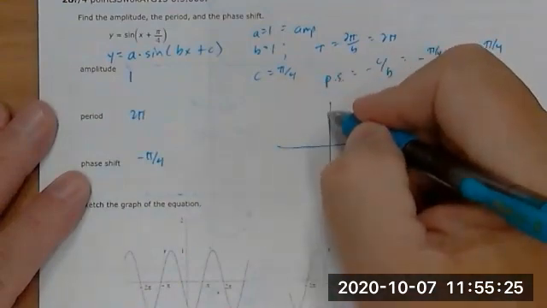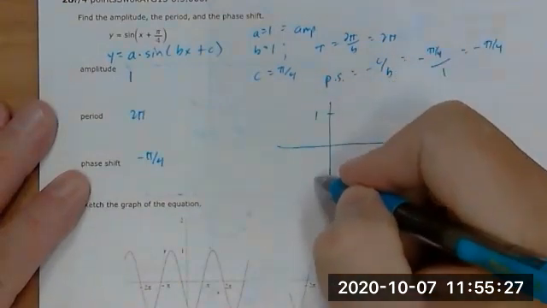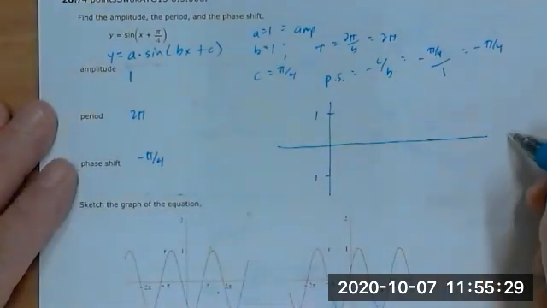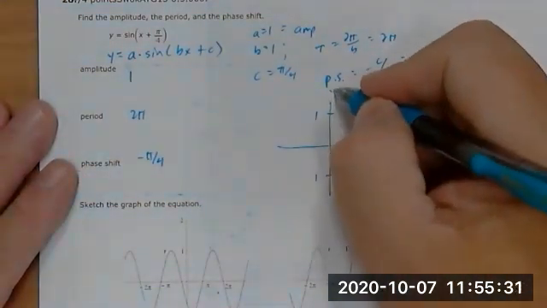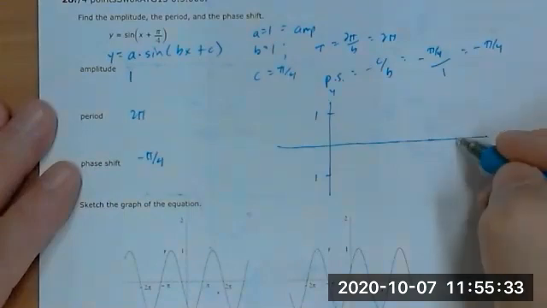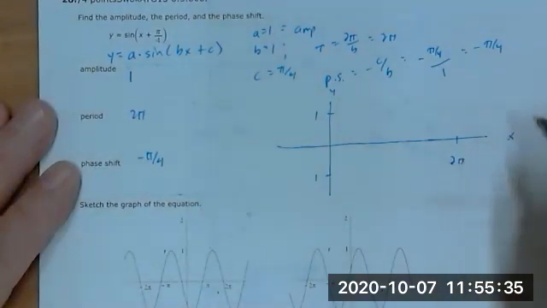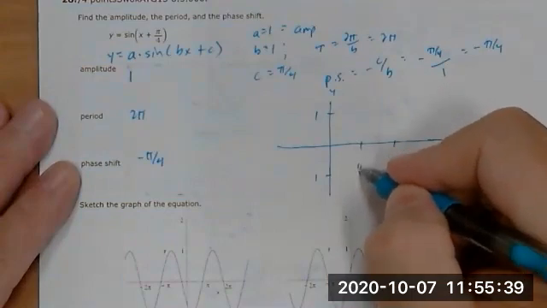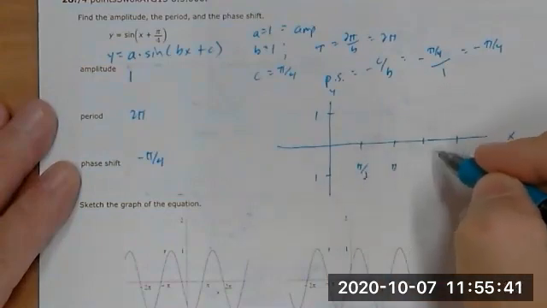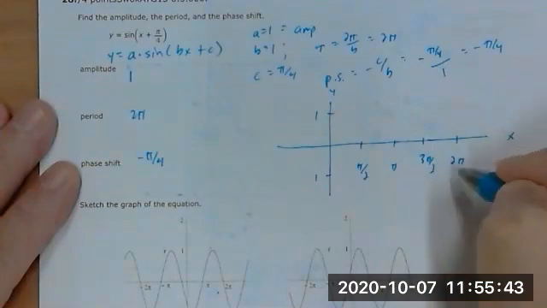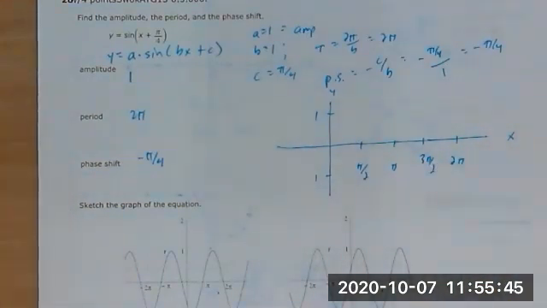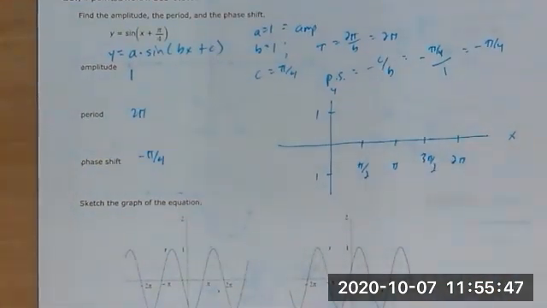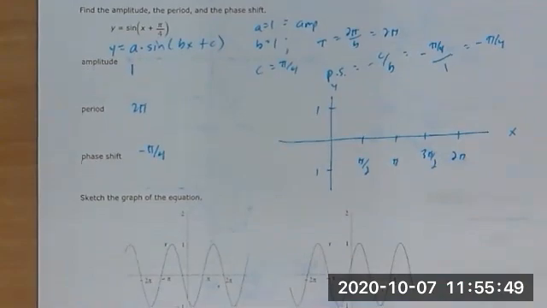First of all, the amplitude is 1. My period's 2 pi. So then I chop in half, which is pi, chop in half again, which is pi over 2. And then in here is 3 pi over 2. Now I'm going to graph a standard sine wave with no phase shift.